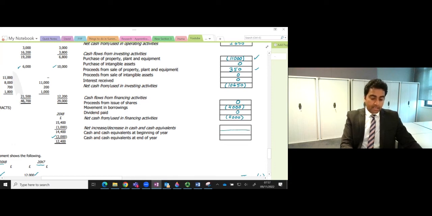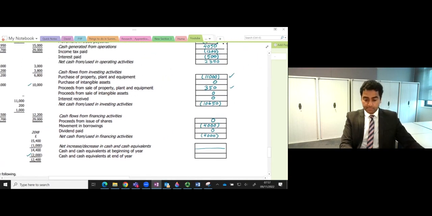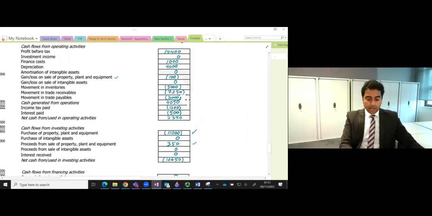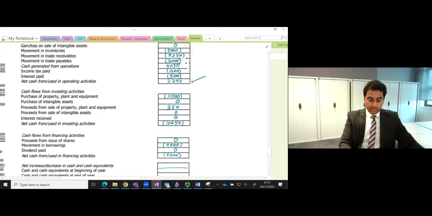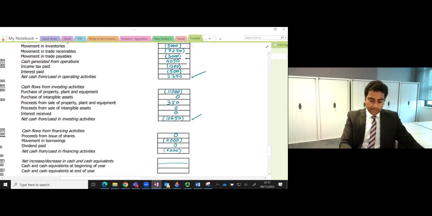Next, net increase or decrease in the cash or cash equivalent. So now I need to add the totals, this total, this, and this total.